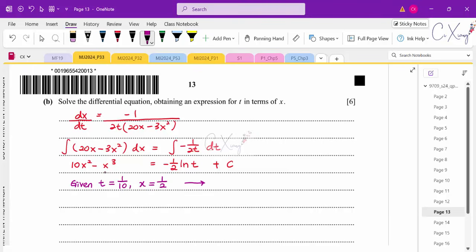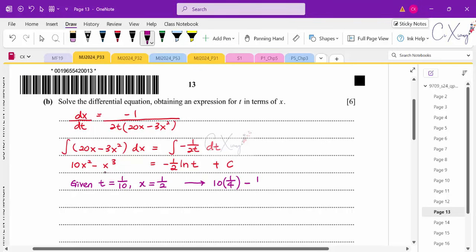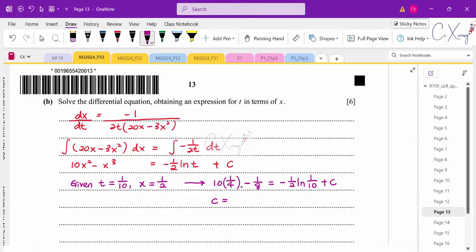So you'll be 10 multiplied with 1/4 minus 1/8 equals negative half ln(1/10), then plus c. Simplify these two values here. I will get 19/8.